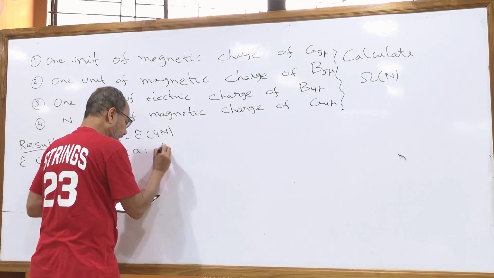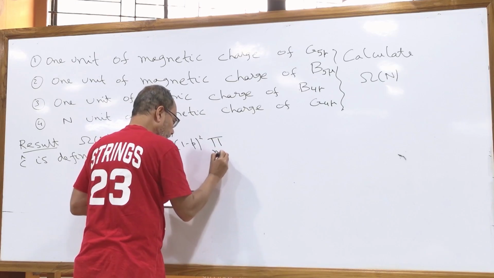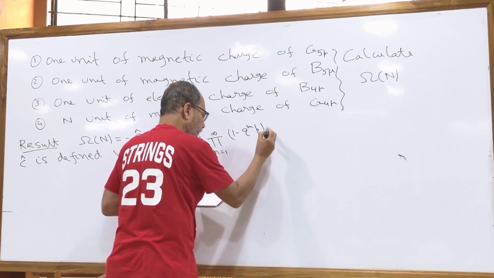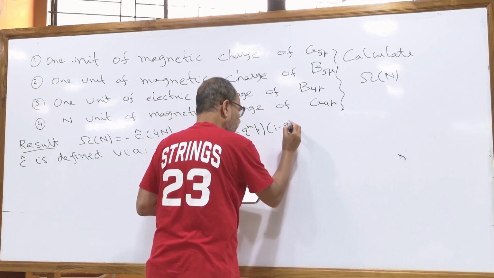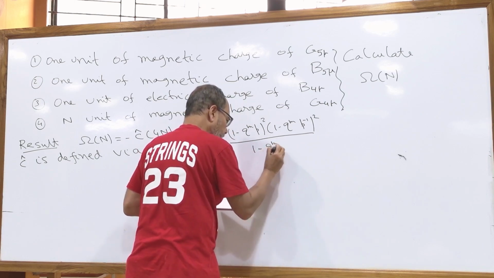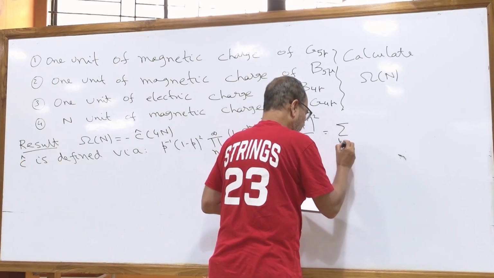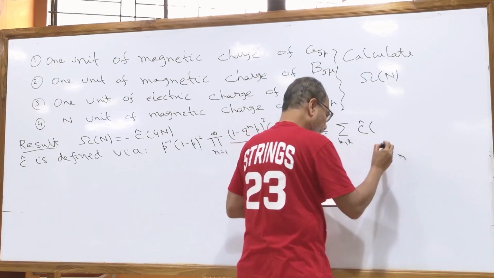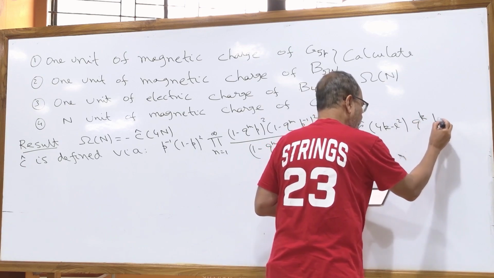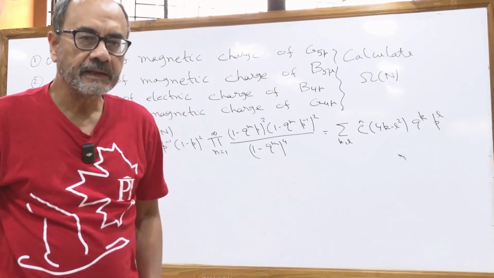So, we take this function, and the claim is that this has an expansion of the form sum over k, l.